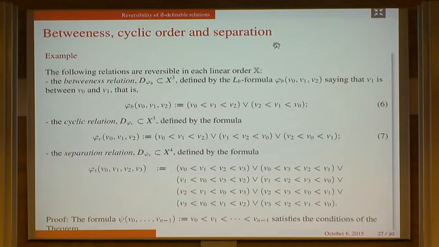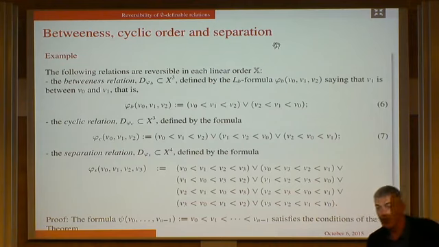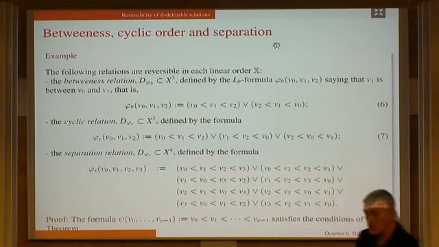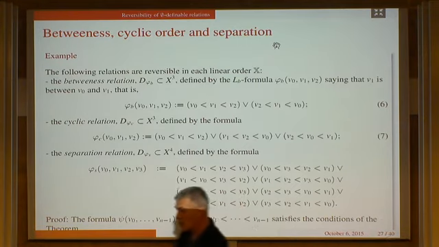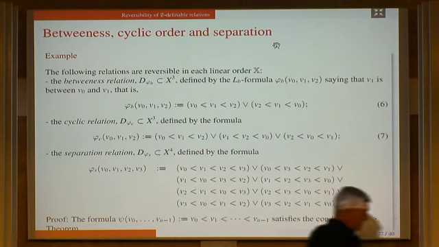Separation relation: v0, v2, v1, v3. Separation says that these 4 points are in such a position: these two intervals are in general position, the intersection and both differences are non-empty. That's it, on the cyclic order.